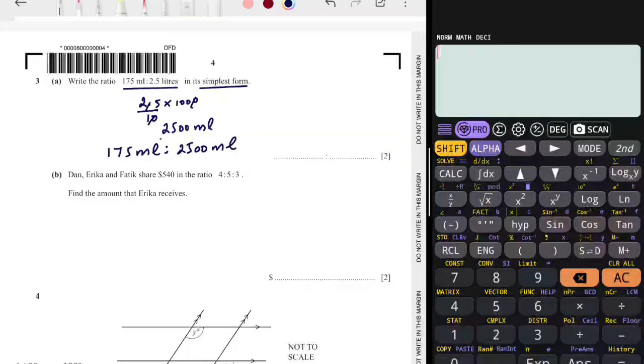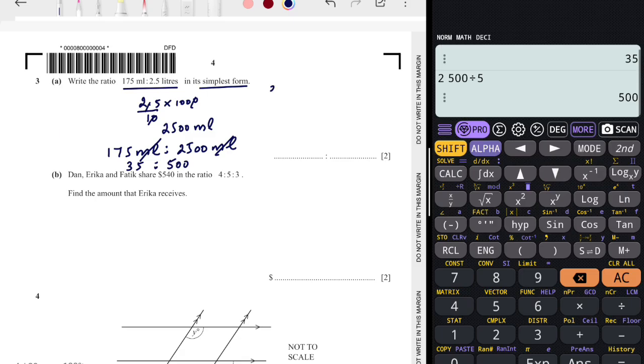Now we can simplify the values with a table of 5. So 175 divided by 5 is equal to 35, ratio 2500 divided by 5, we get 500.